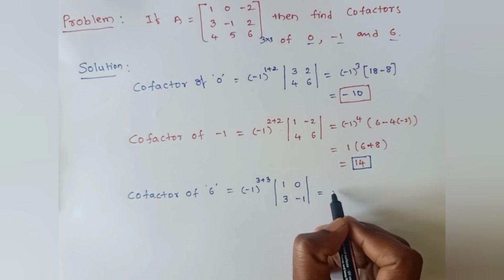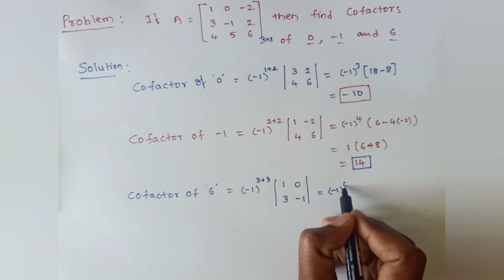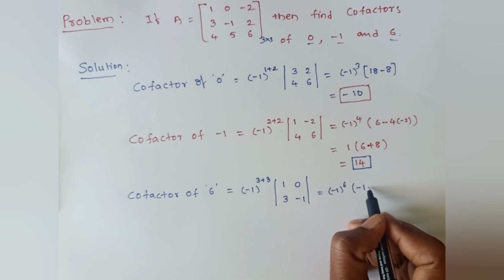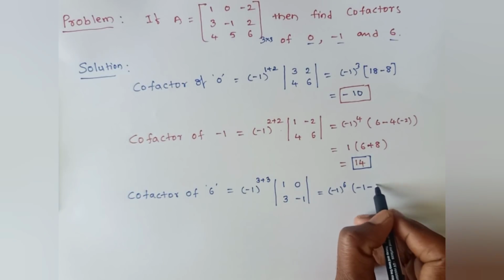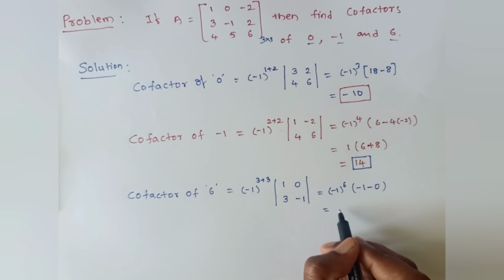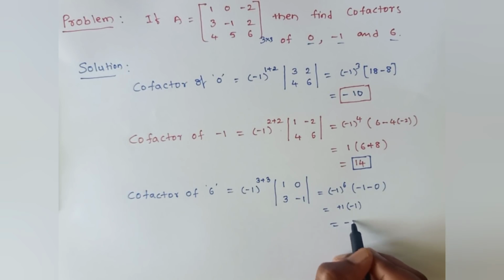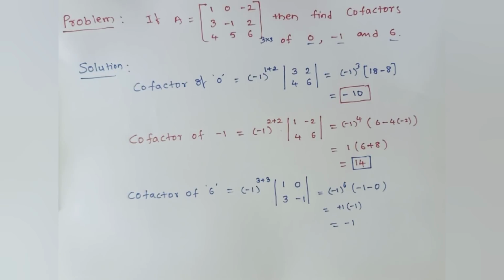Now minus 1 power 6 into 1 into minus 1, minus 3 into 0, 0. Minus 1 power 6 is plus 1, into minus 1. Finally this is minus 1. So the cofactor of 6 is minus 1.